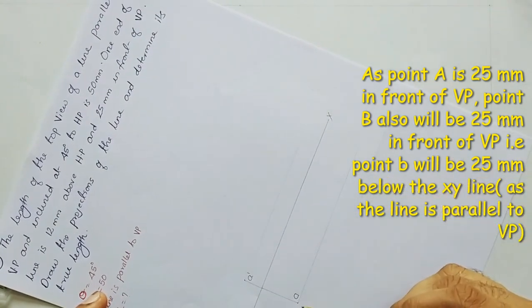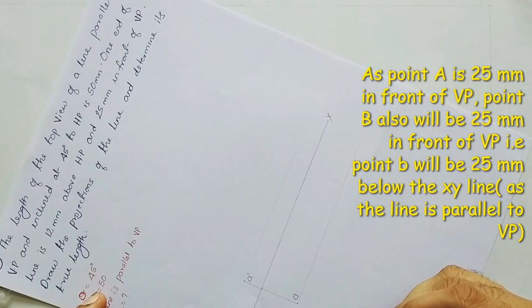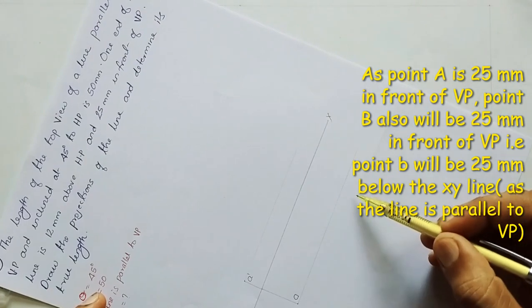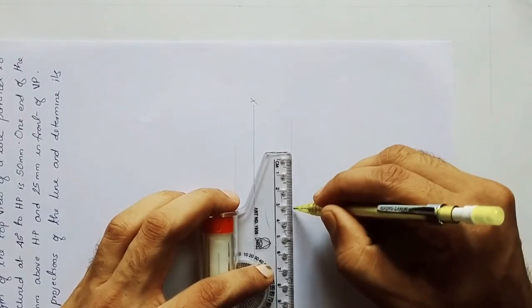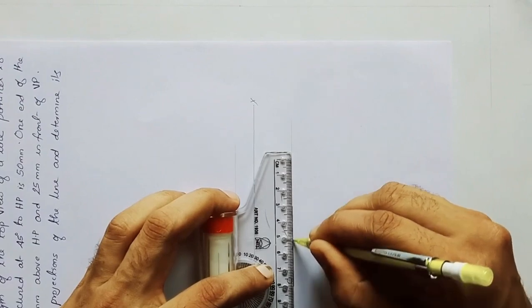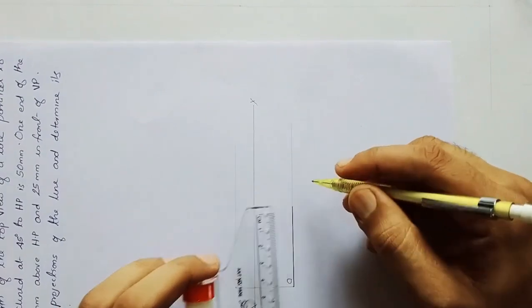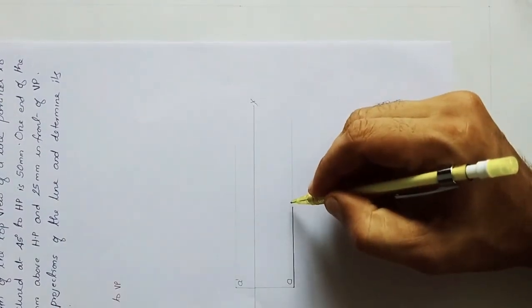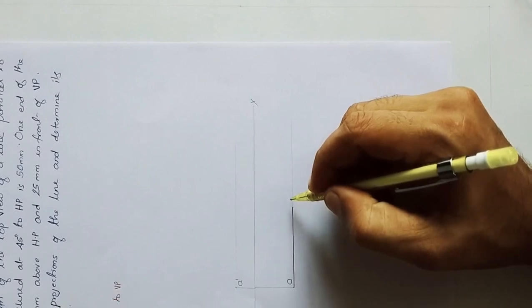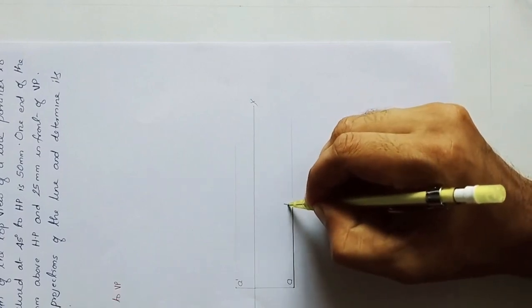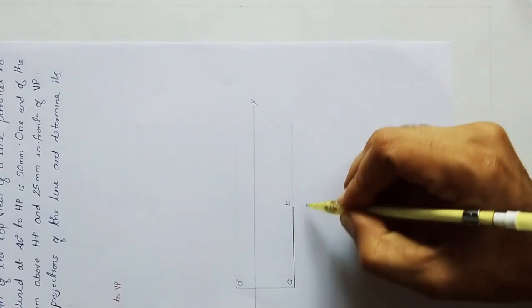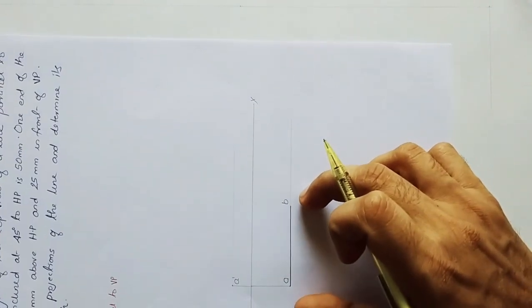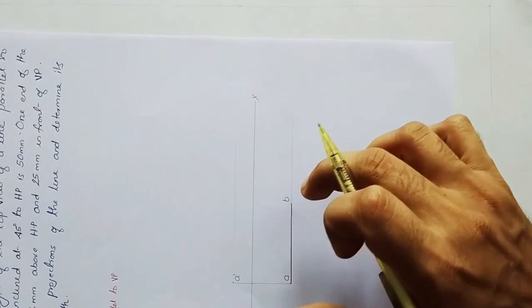Starting from A, let us draw a continuous thick line as the top view of the line up to a length of 50 mm. The other end of this top view, we shall mark as point B.